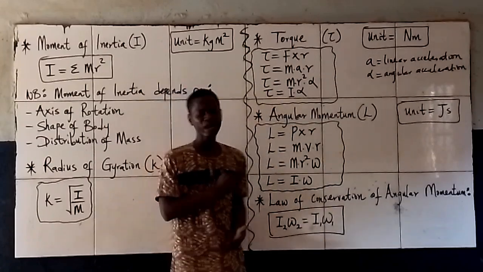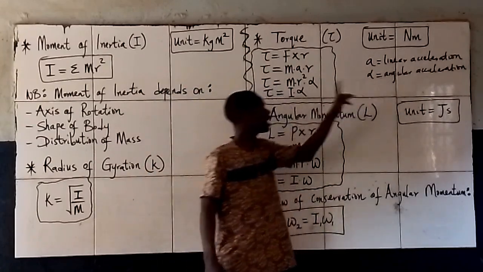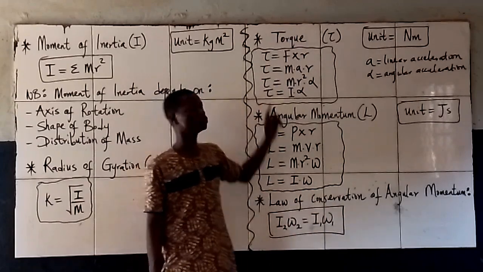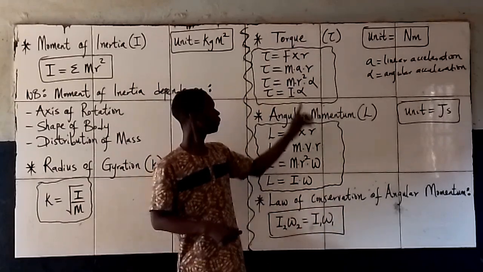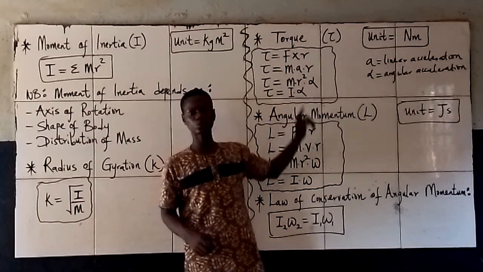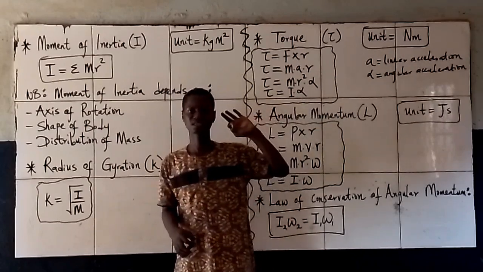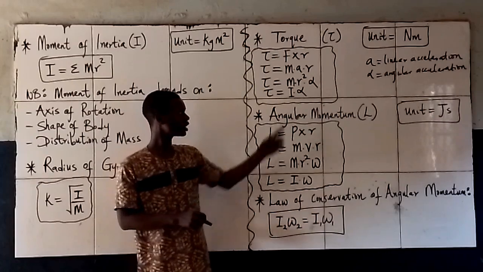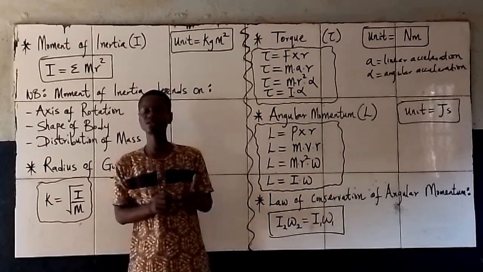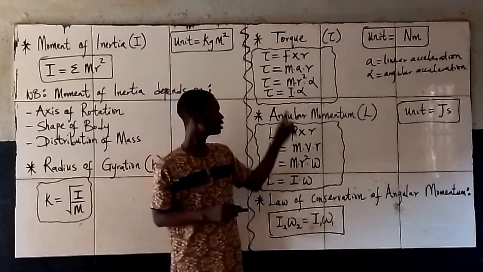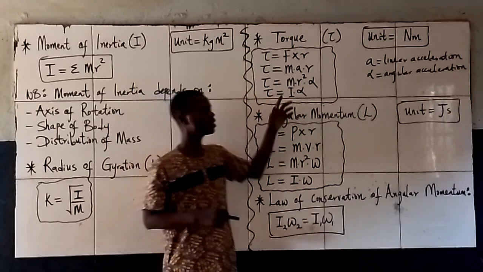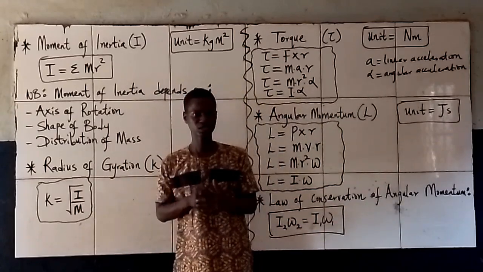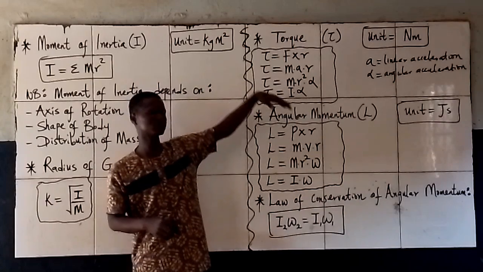Now if perhaps you know the angular acceleration, not the linear acceleration, the formula to use to get your torque is mass times radius squared times angular acceleration. Now lastly, if you were given the moment of inertia, which is I, you can simply use torque is equal to moment of inertia times angular acceleration. So that is all about torque.